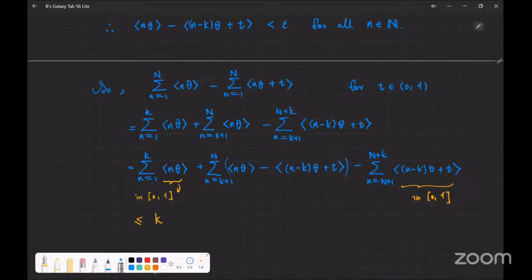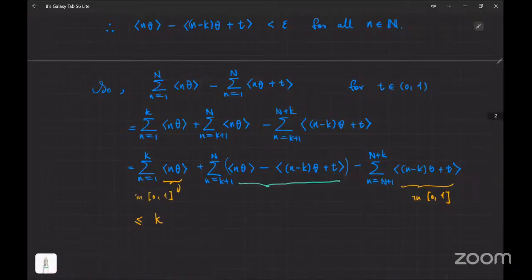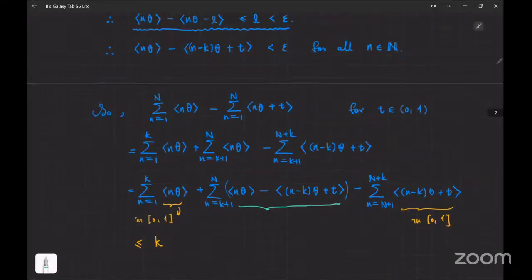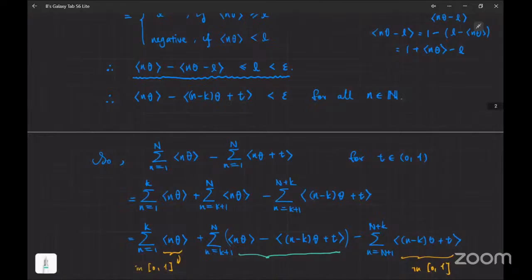And this middle one right here, that one we showed is less than epsilon, from previous, from this one right here. So this is less than epsilon.